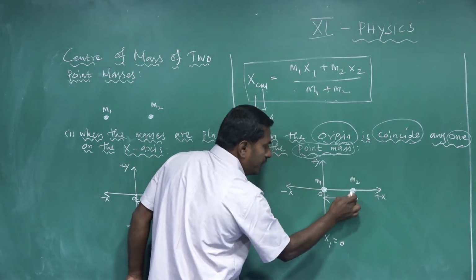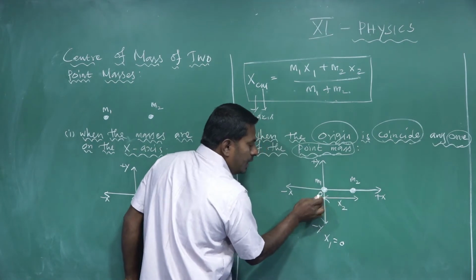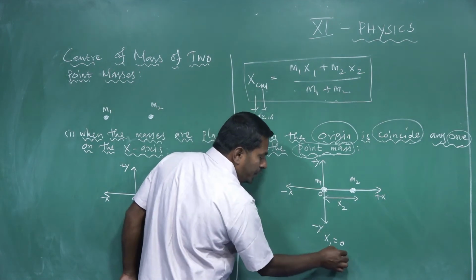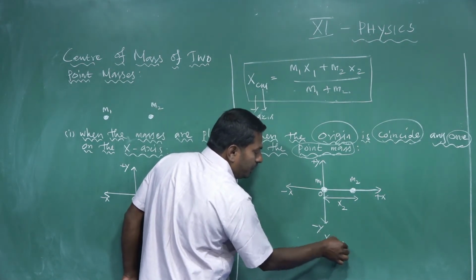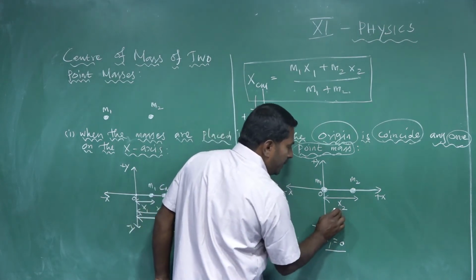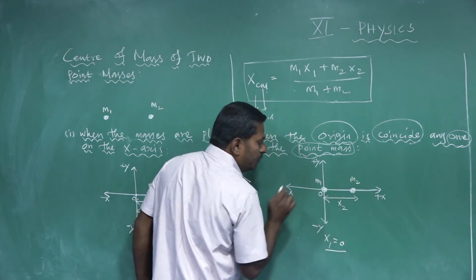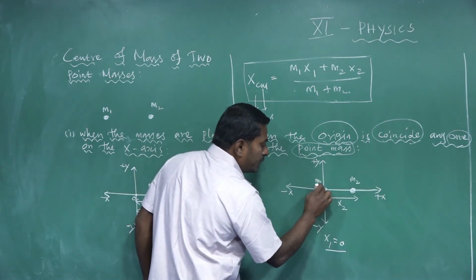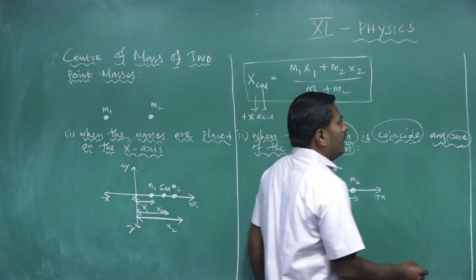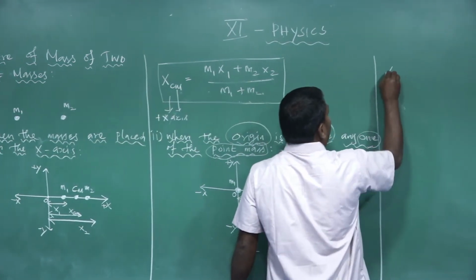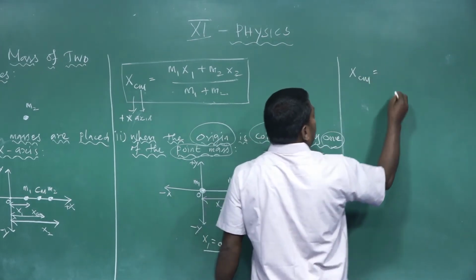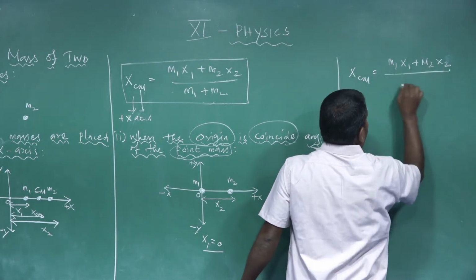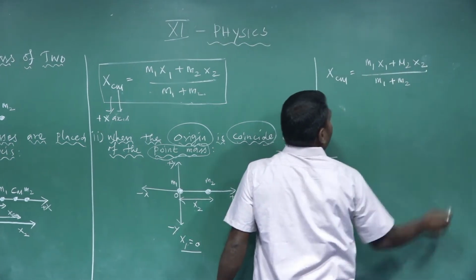x2 is the position of the second point mass from the origin, but the first mass is made to coincide with the origin, so the position of the first point mass x1 is equal to 0. Then the center of mass of the 2 point masses m1 and m2 can be calculated by this equation: X_CM equals m1x1 plus m2x2 divided by m1 plus m2.